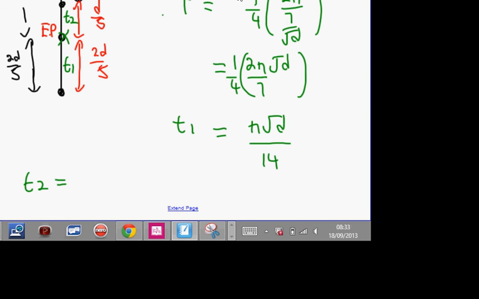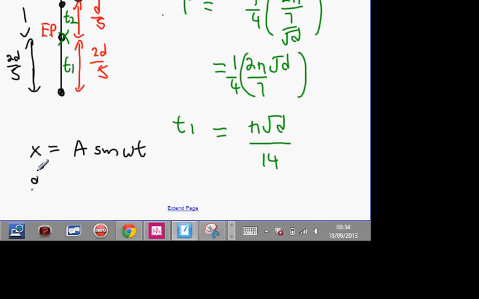T2 is going to be A sine omega t. Okay, and we know that x, this is T2 here, so we have to find out what t is. So that's x equals A sine omega t. What did we say x was for the second part?